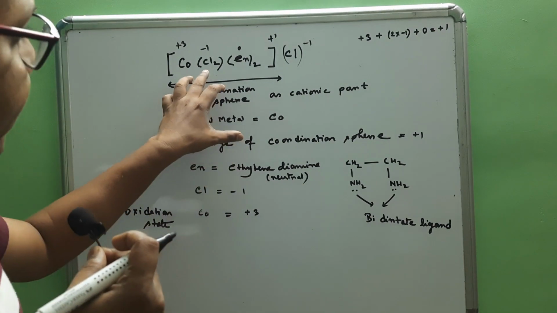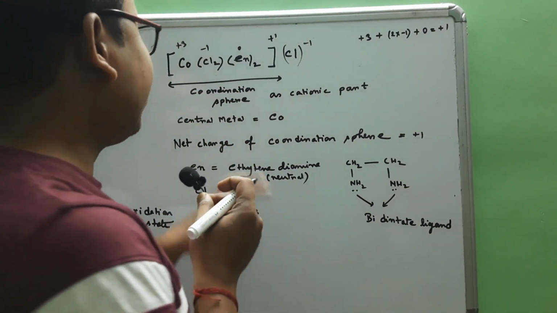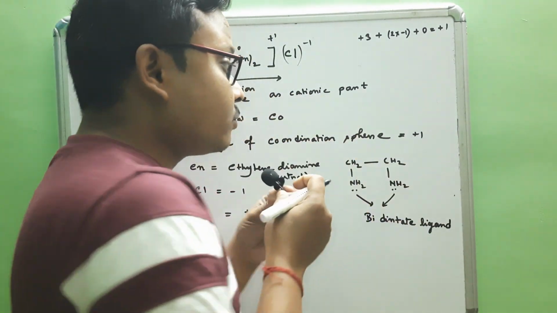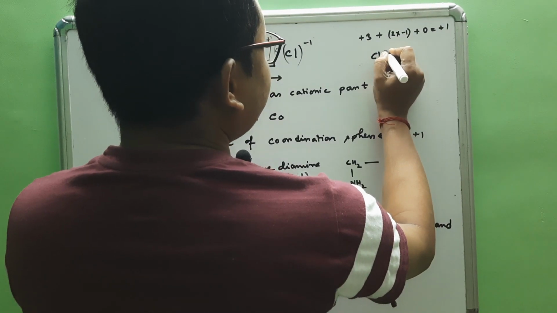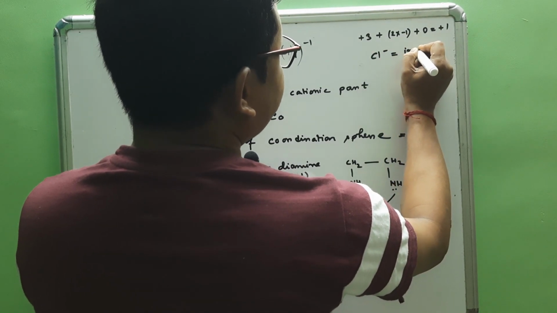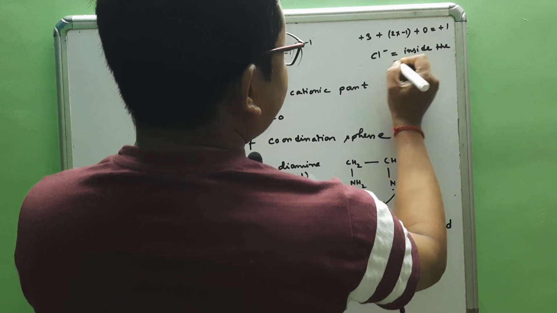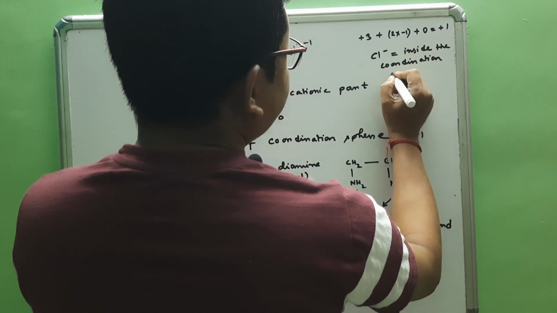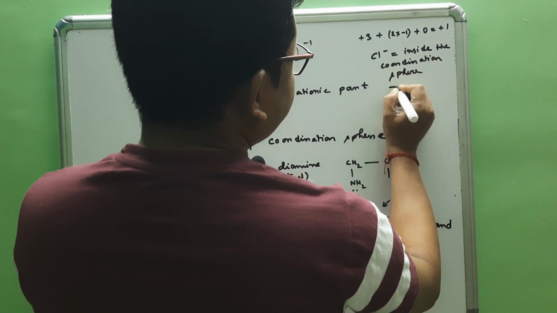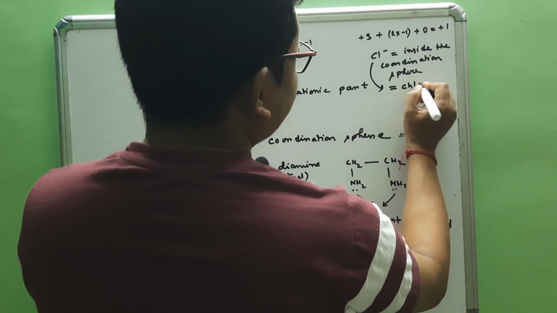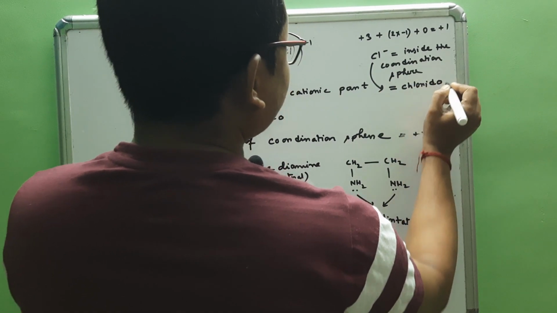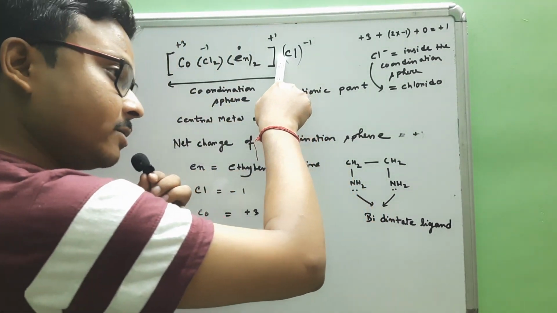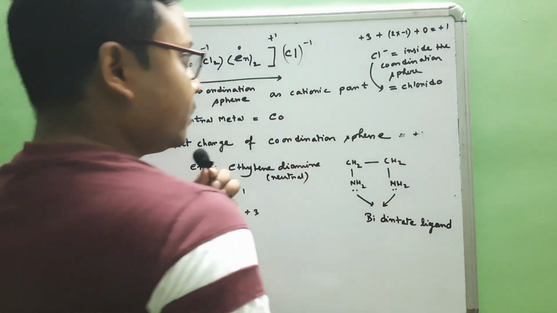As the chloride ions are inside the coordination sphere and are negative, they are termed chlorido. But the chloride outside the coordination sphere is termed simply chloride.